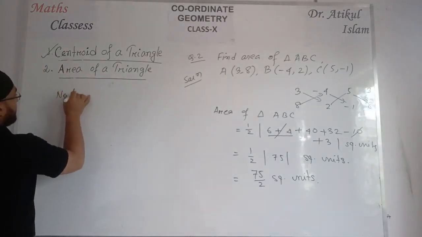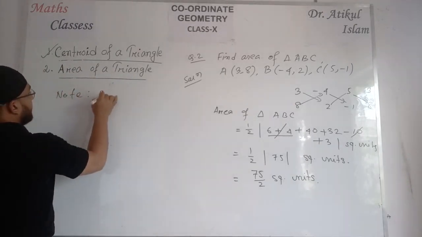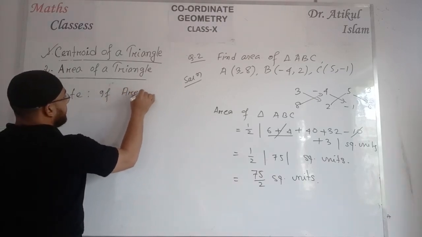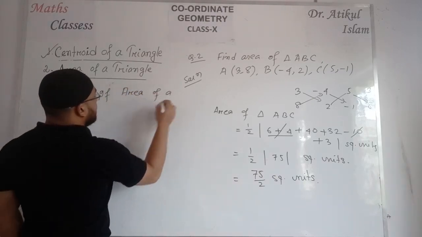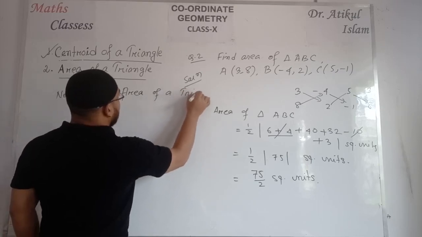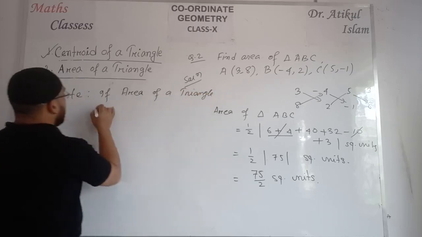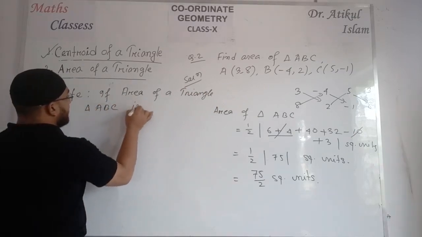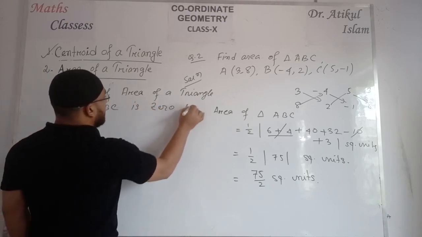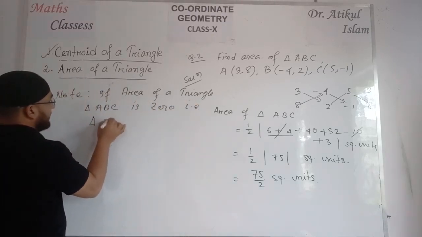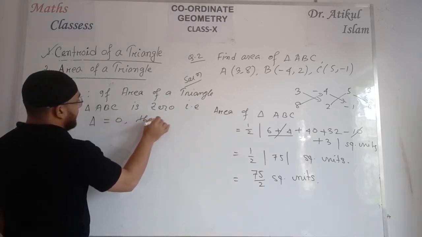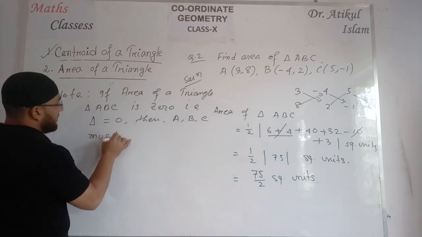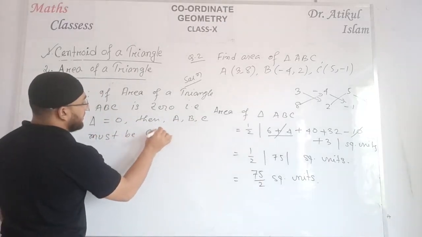Note: if the area of a triangle ABC is 0, that is your delta is 0, then ABC must be collinear.